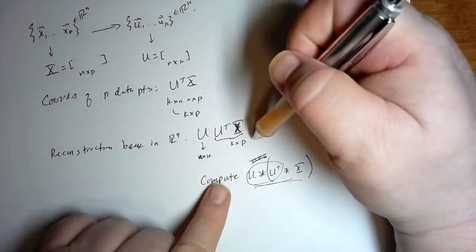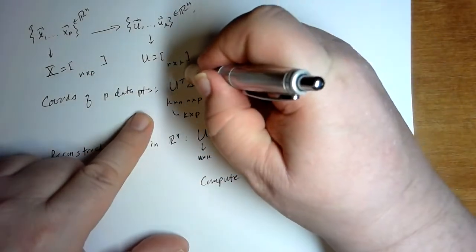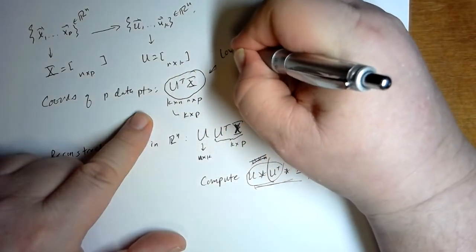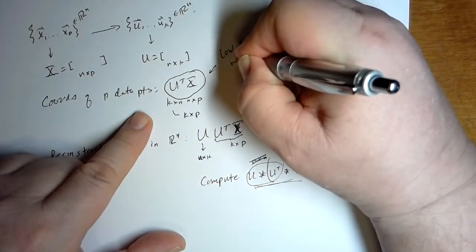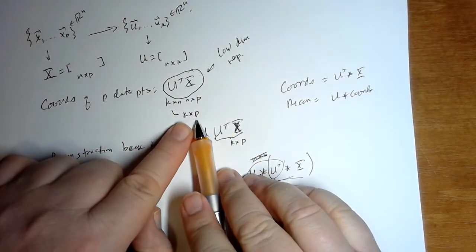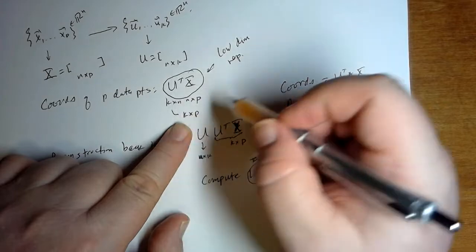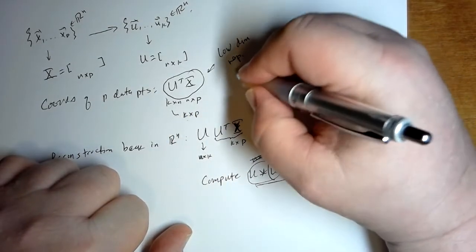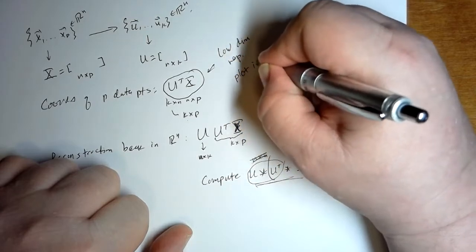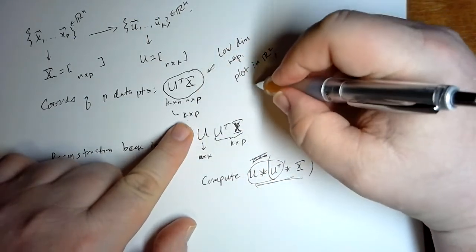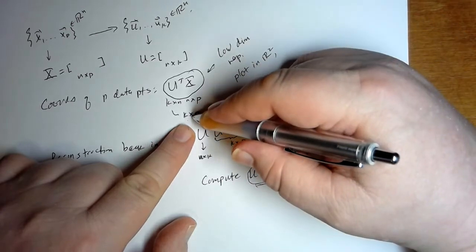So again, these are the coordinates here. This matrix is your low-dimensional representation. And so if we wanted to plot this, you would have p points plotted in R^k. So typically you would take the first two, and to plot in R^2, you would just take the first two rows.